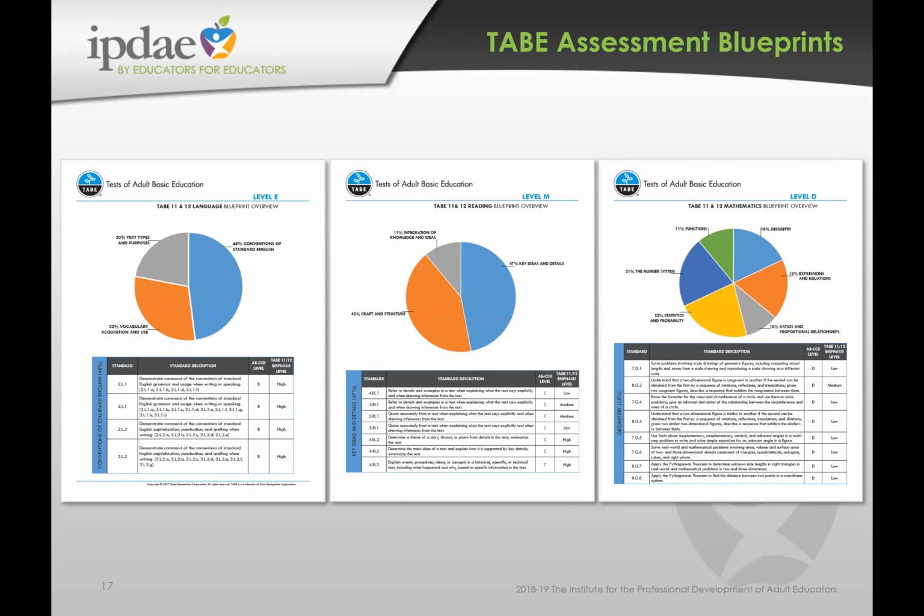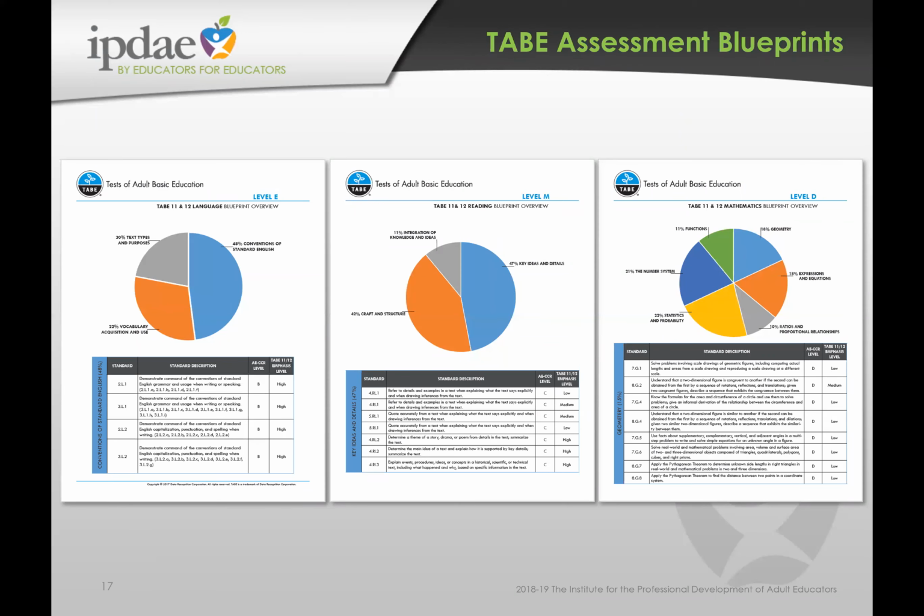Actually, there are 5, because there's a level L blueprint. So they have level E, level M, level D, and level A, and each one has a packet of blueprints. So you've got 5 for math, 5 for reading, and 5 for language. Add them all up, and that's a total of 15 blueprints.